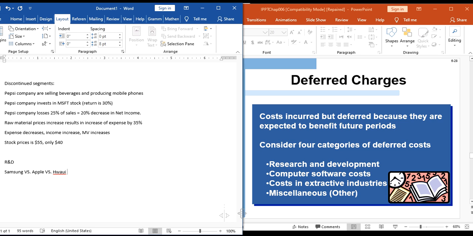But are they doing that? Not sure, actually. Okay, and we also have costs in the extractive industry, like companies like ExxonMobil.